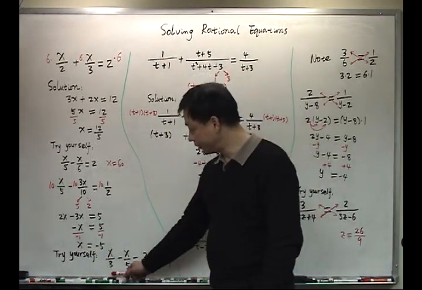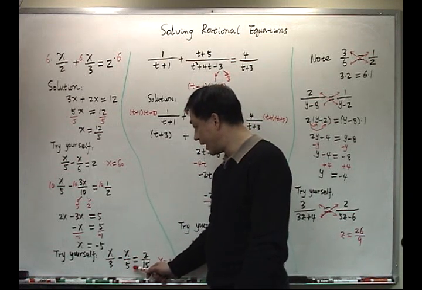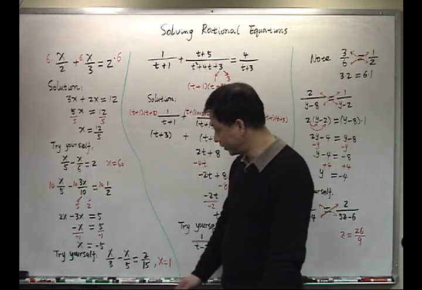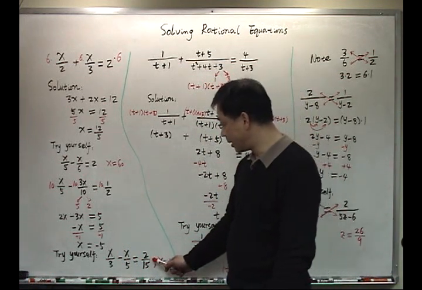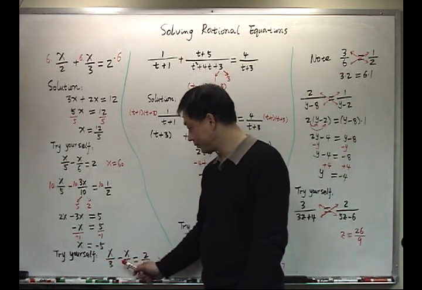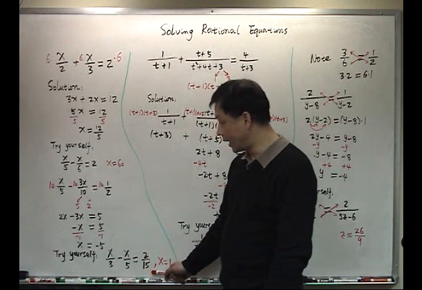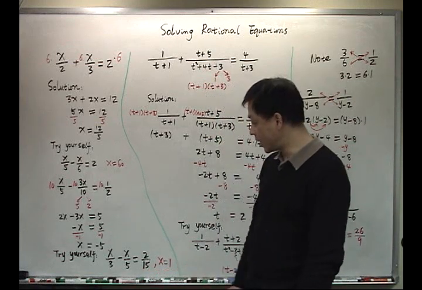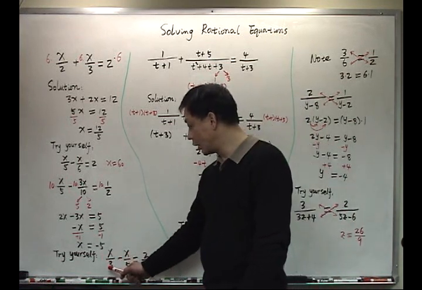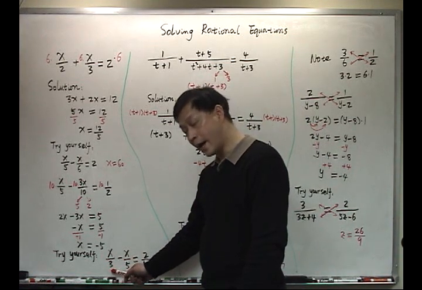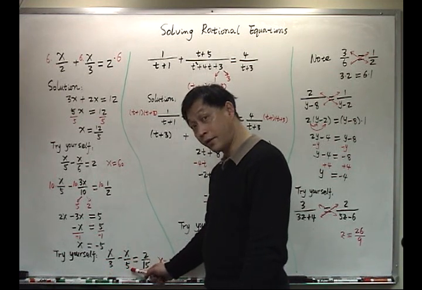Try this one yourself. You have x over 3 minus x over 5 equals 2 over 15. So both sides, in this case, are multiplied by 15, because 15 is 3 times 5, which is the least common denominator. So 15 over 3, you have a 5, so 5x. 15 over 5, you have a 3x.